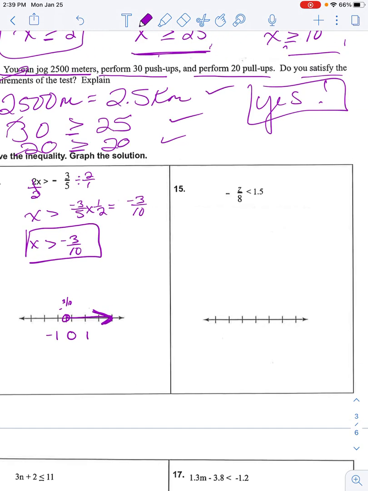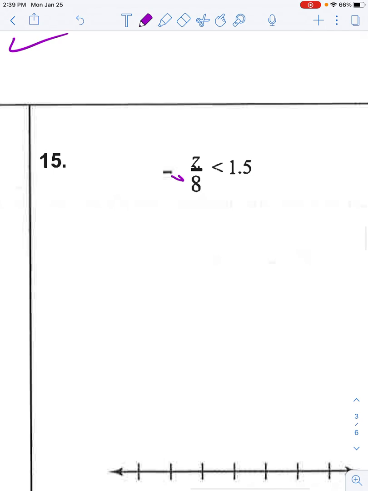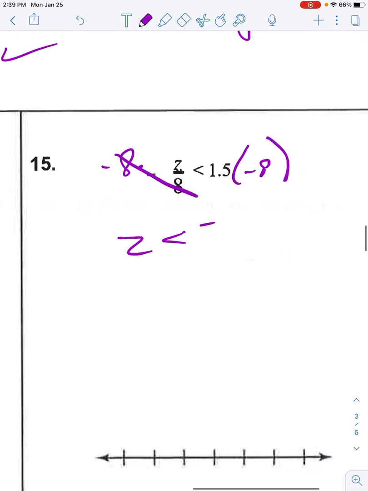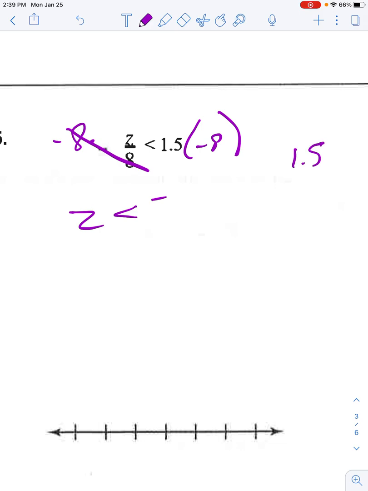Number 15, I'm solving for z. Remember that negative? I would bring it down here. So z divided by a negative 8. So I'm going to do the inverse and multiply this side by a negative 8. Multiply this side by a negative 8. Positive times a negative is a negative. So I'm going to get a negative 12.